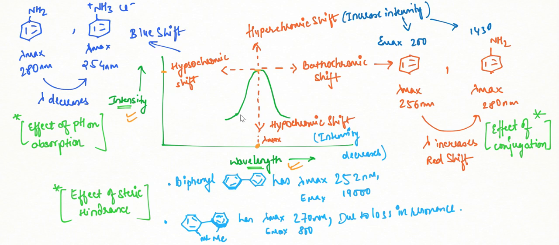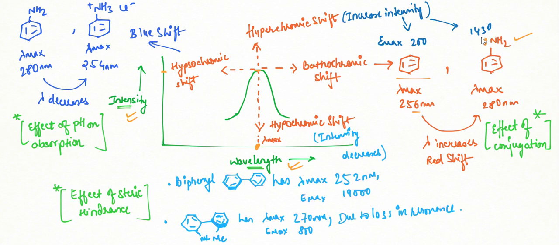Now what happens if we have a molecule like this? If we have plain benzene, and the lambda max of plain benzene is 256 nanometers, so let's say this is our benzene peak. Now if we add an auxochrome to benzene, where benzene is our chromophore and NH2 is our auxochrome, then because of resonance the electron density has increased.